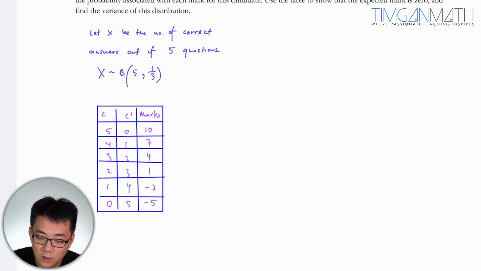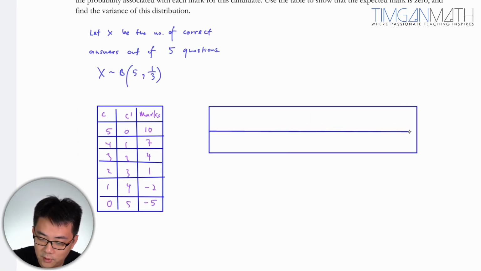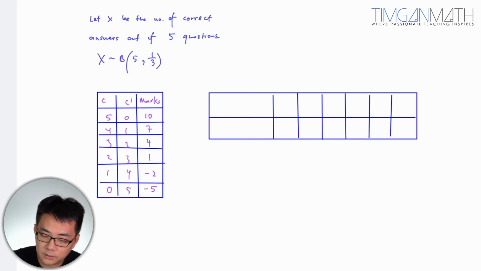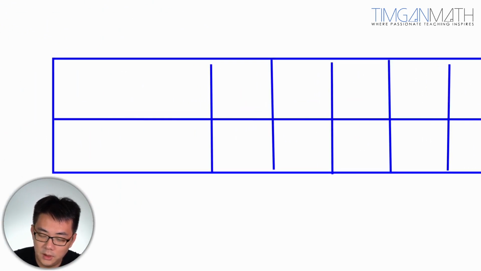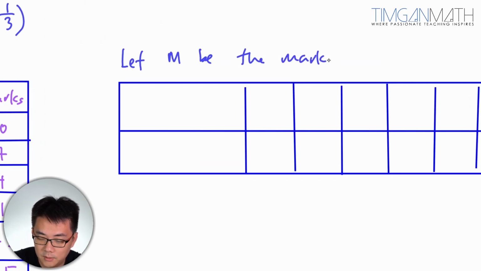But to draw the distribution table, you just have to draw it. How many outcomes do you have? 6 outcomes, right? So 1, 2, 3, 4, 5, and 6. So I'm going to let M be the marks obtained.